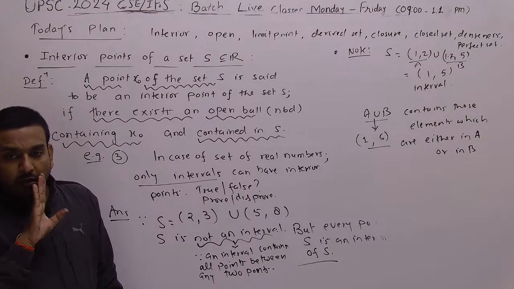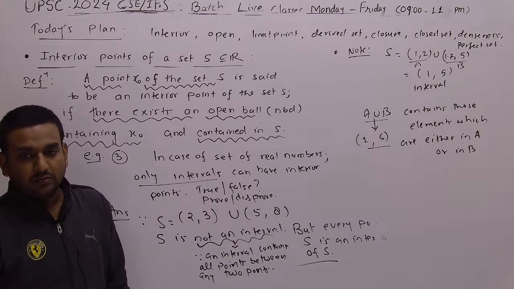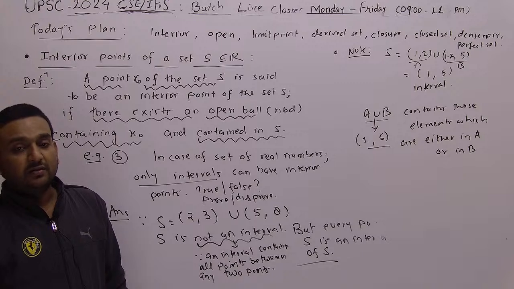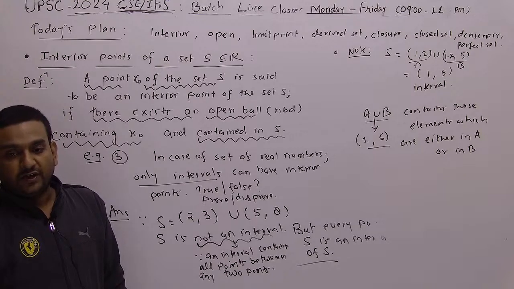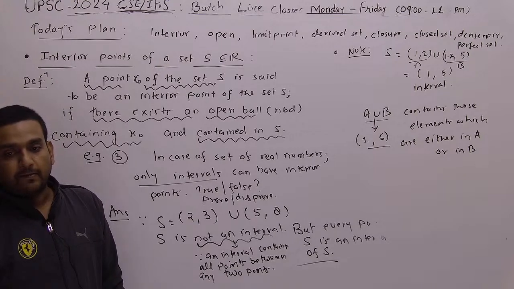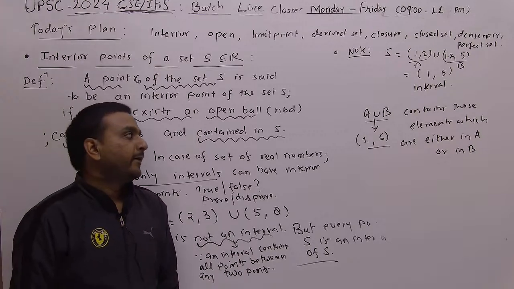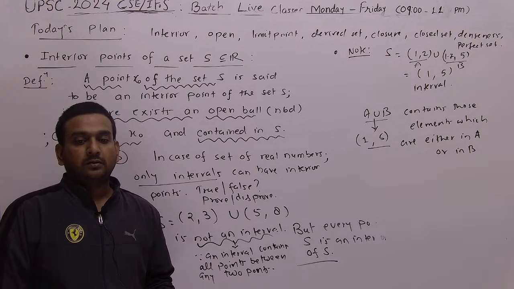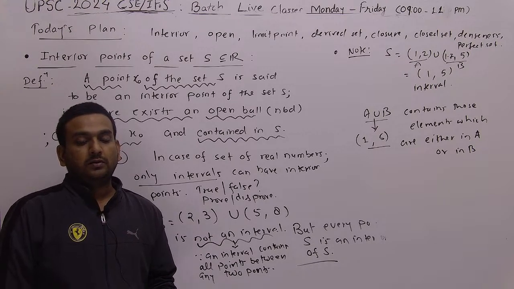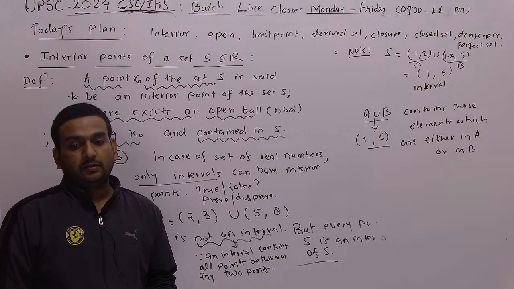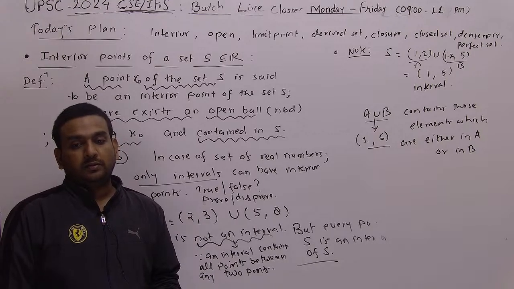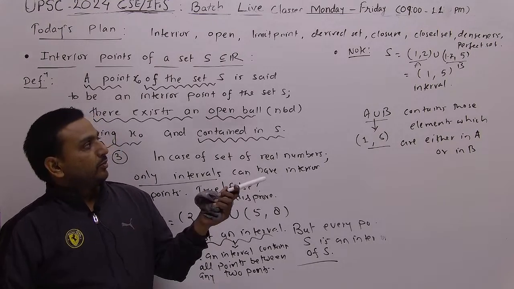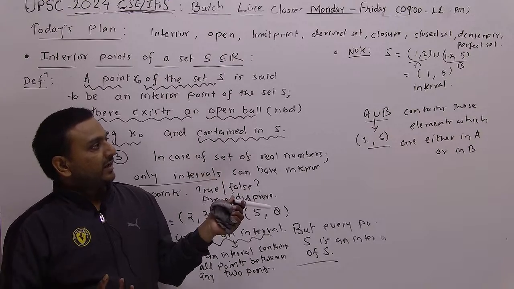Sorry. Is that clear? Am I clear over that? So the points between 1 and 1.7 are already inside the set A itself, right?